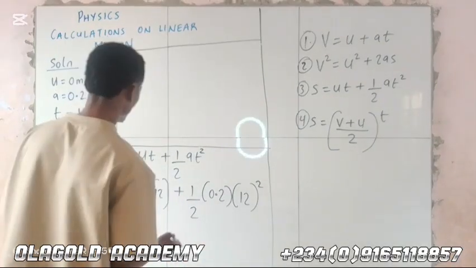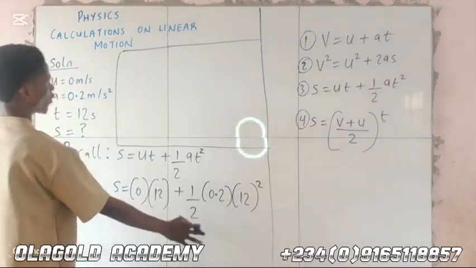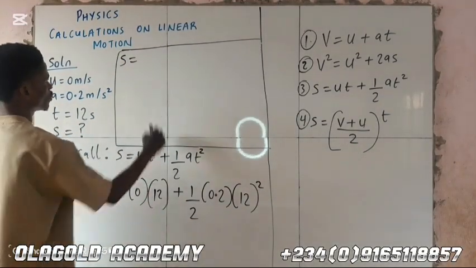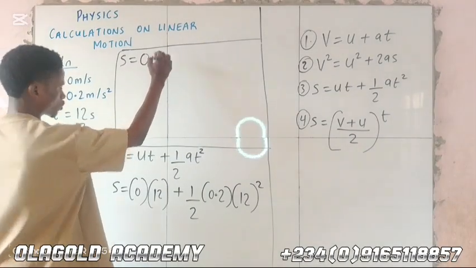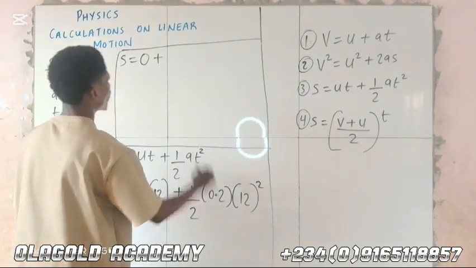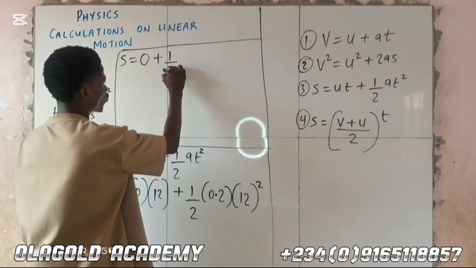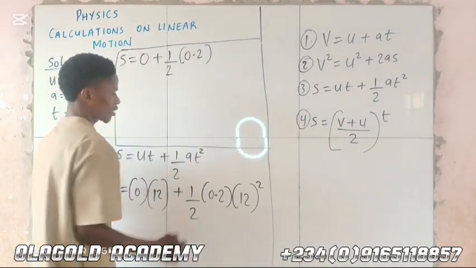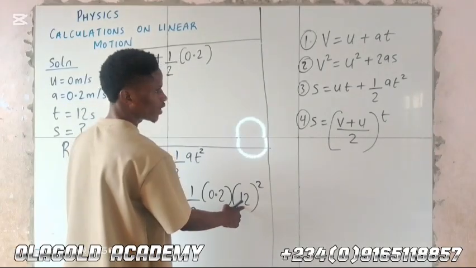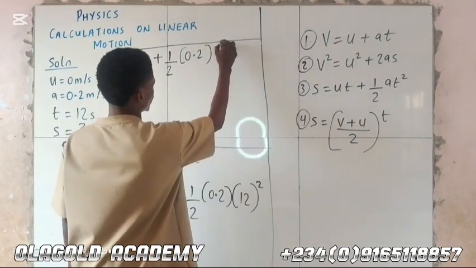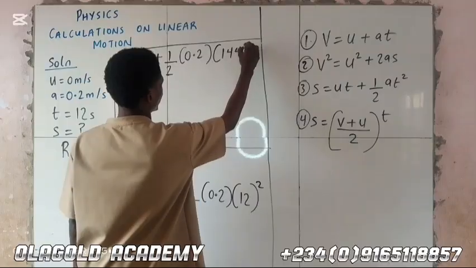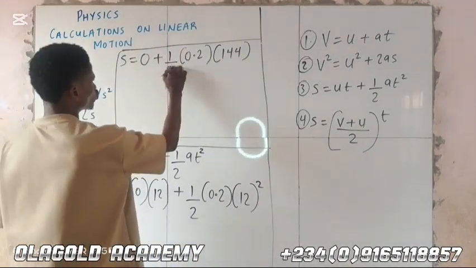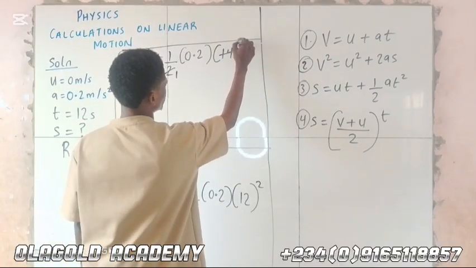Alright, from here now, I will have my distance equal to 0 times 12, which is 0, plus 1 over 2 multiplied by 0.2, and 12 squared is 12 times 12, which is 144. From here, 2 here 1, 2 here 72.